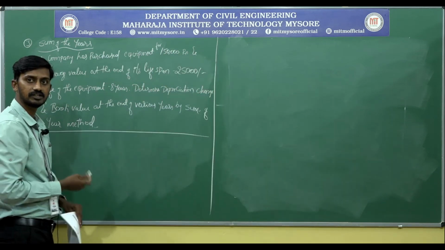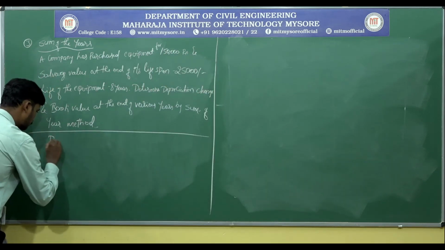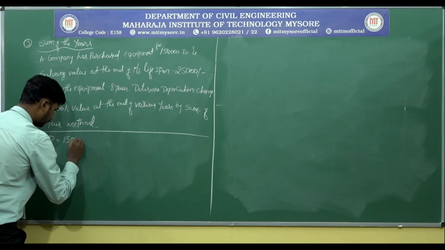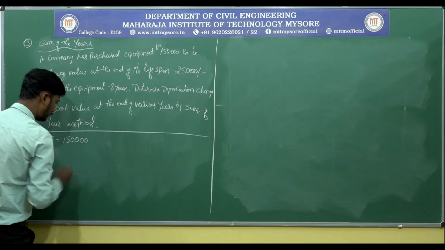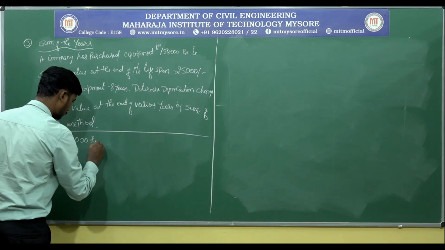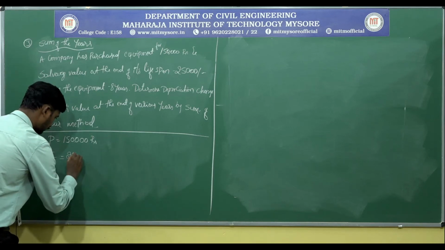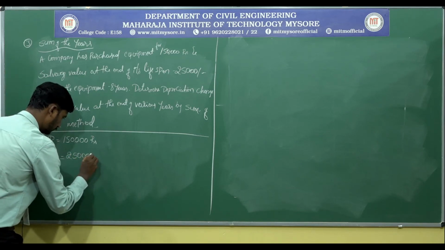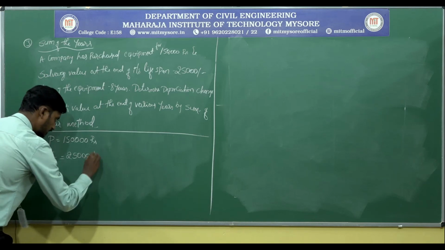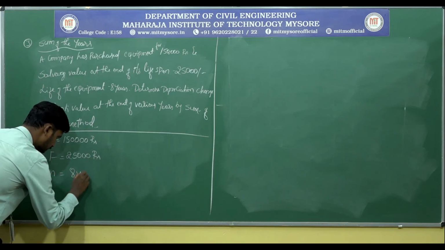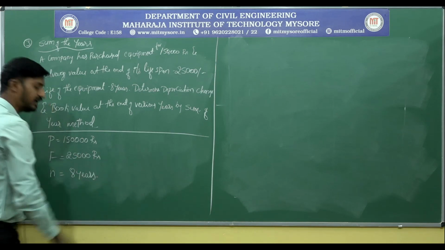Let us write down the given information: P is equal to 1,50,000 rupees, F, that is salvage, is 25,000 rupees, and N, number of years, is 8 years.